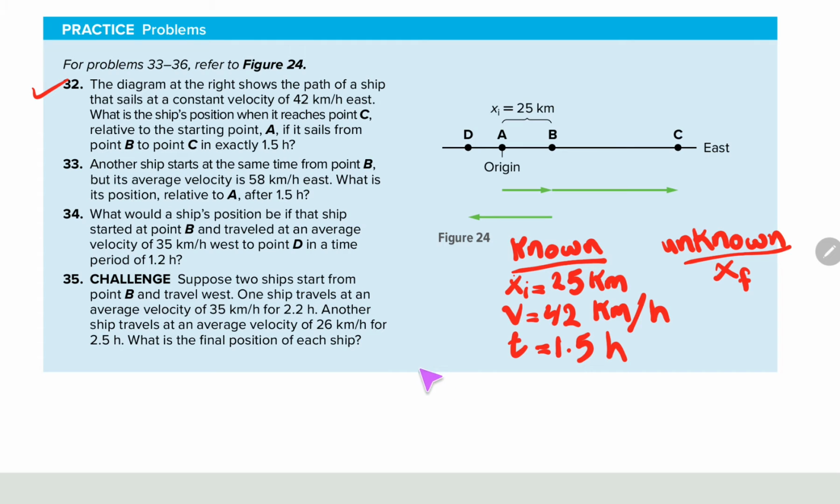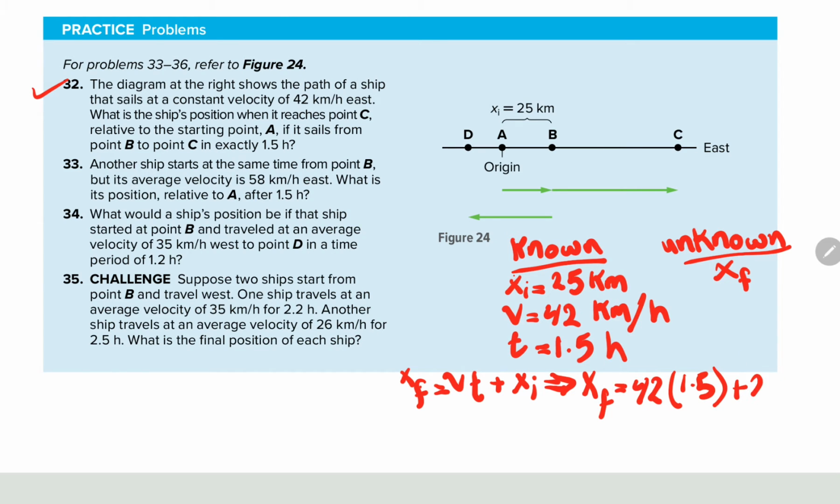So we will write our equation, which is x final equal to vt plus x initial. X final equal to the velocity, which is 42, multiplied by the time, which is 1.5, plus x initial, which is 25.